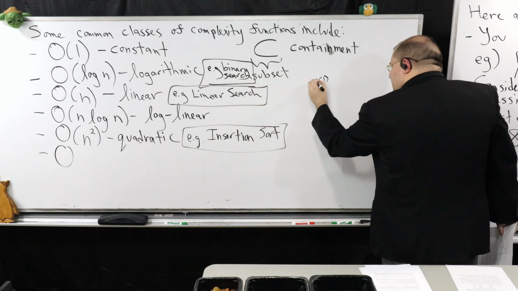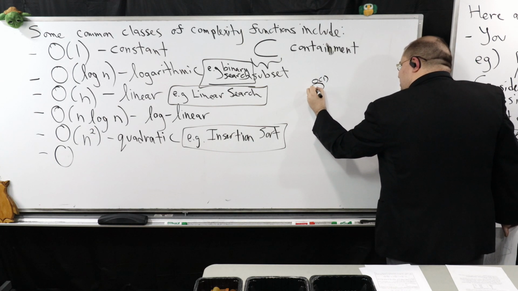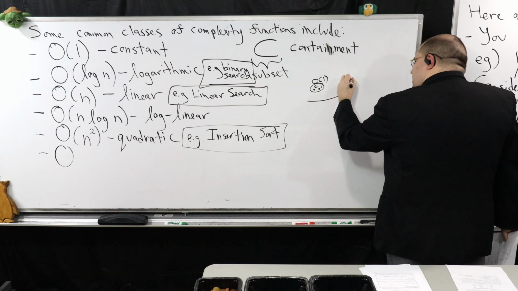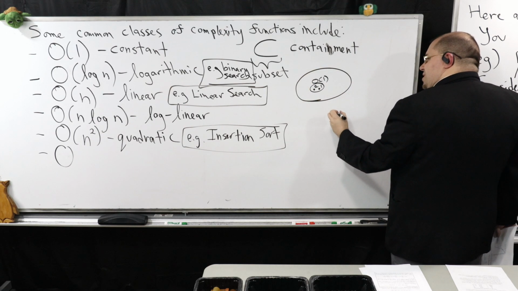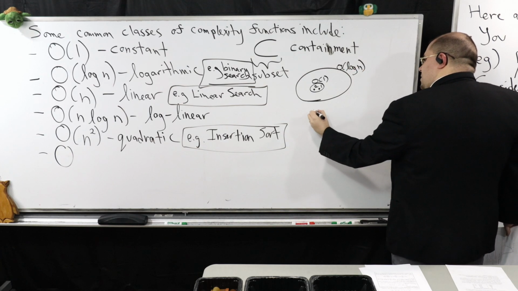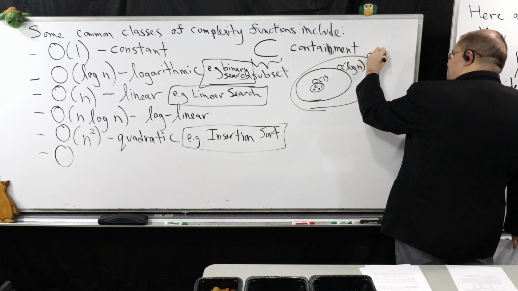So all of these functions are big O of 1. For example, a function like 2 or 1, then all of those are going to be contained in big O of log n. Then all of those are contained in big O of n.